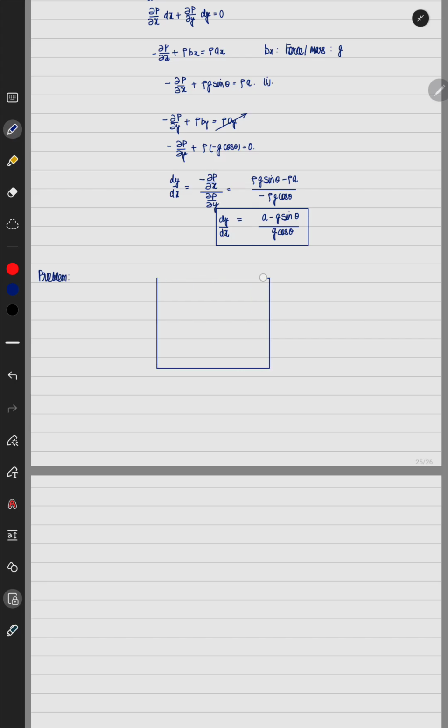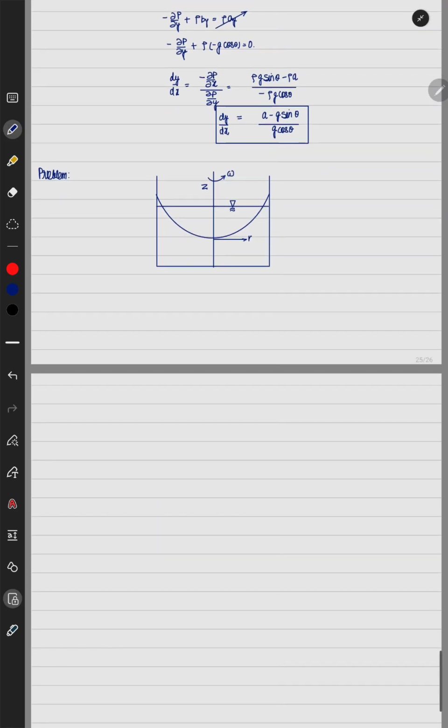Suppose I have a body which is filled up to this point by water, and this is the axis about which it is rotating with angular velocity omega, and this is open to atmosphere. This triangle is given for the surface. This is z direction and this is r direction.